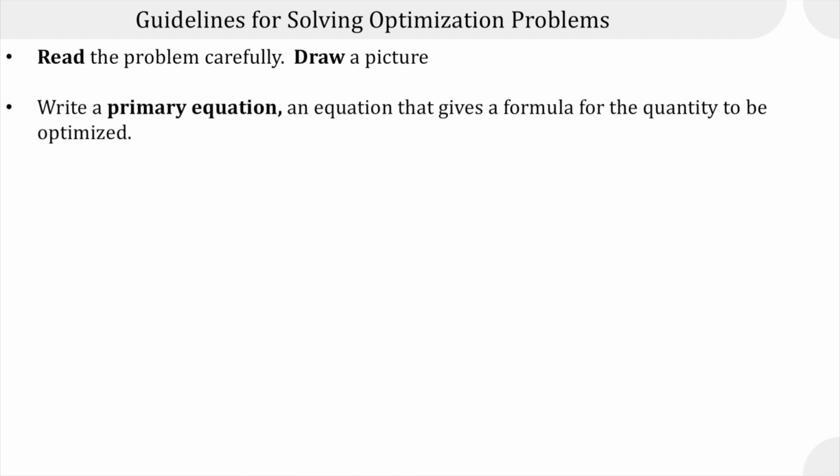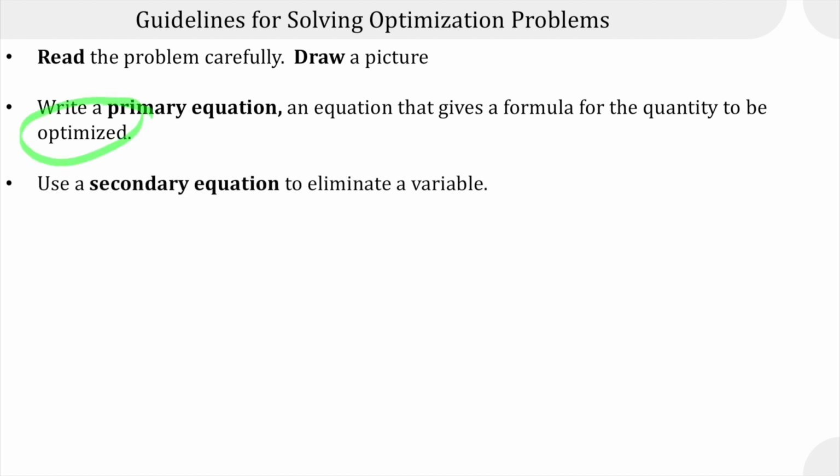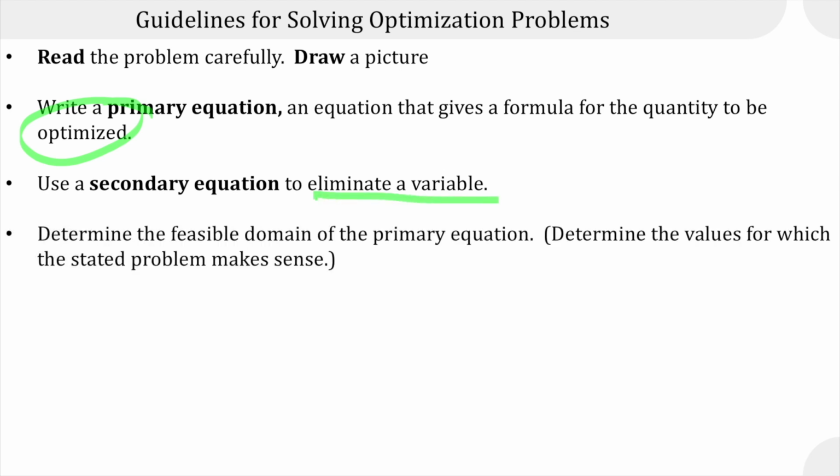And of course they get more complicated, so here's some guidelines to get you going. First, read the problem carefully and draw a picture if you can. Write a primary equation, an equation that gives a formula for the quantity to be optimized. Use a secondary equation to eliminate a variable.